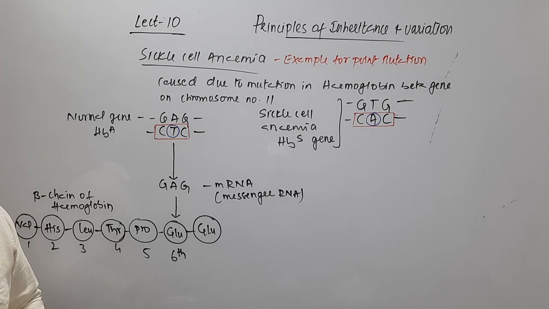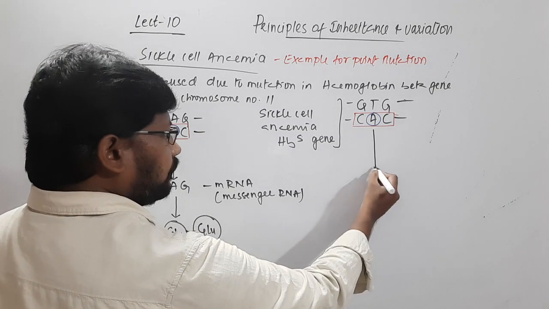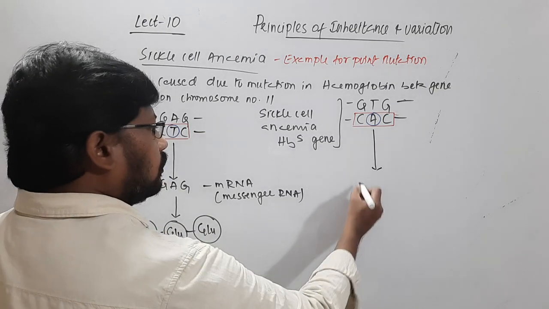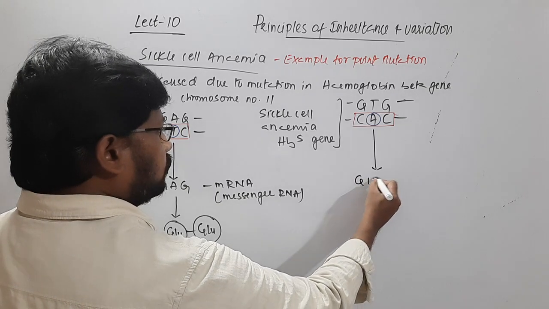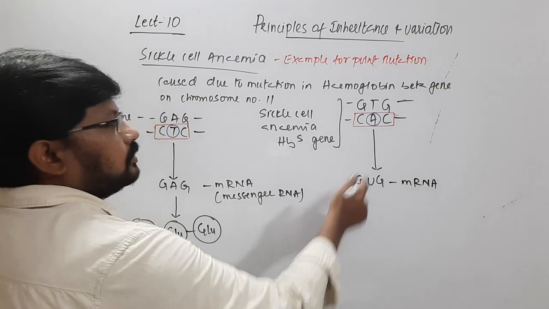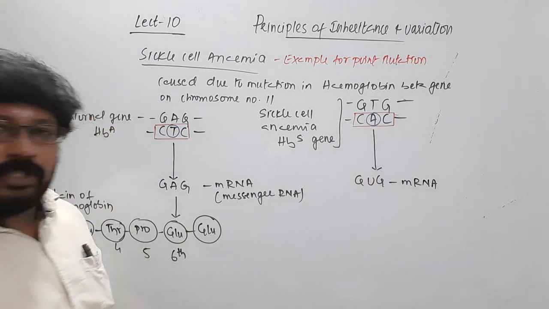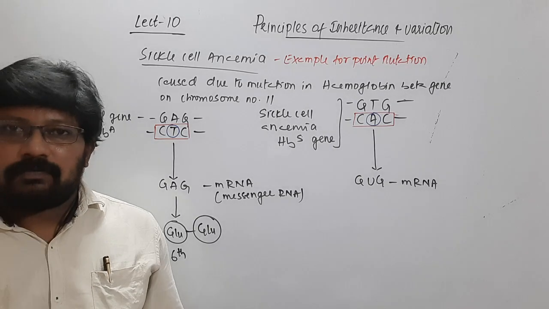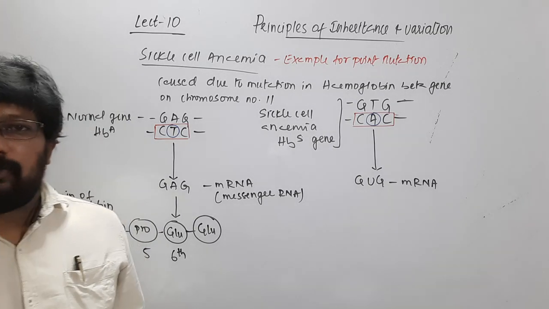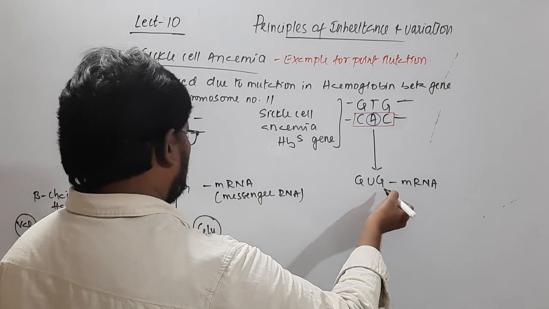As a result, it produces mRNA that will have GUG. So here for adenine, the opposite one is thymine, but in case of RNA we know it is uracil, so hence we have GUG, right?